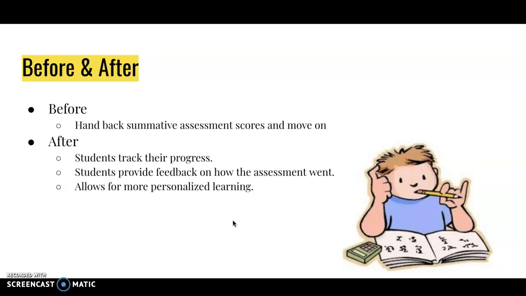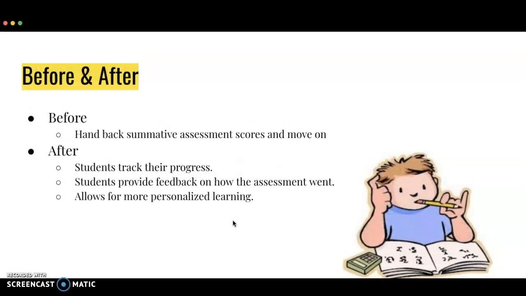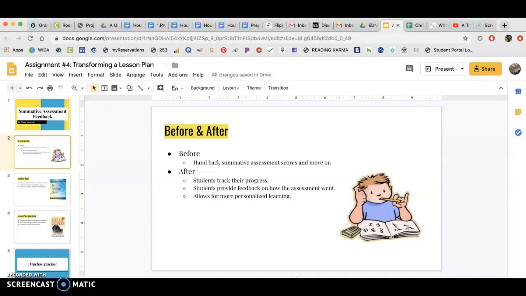So now, since doing the summative assessment feedback to end each unit, students are able to track their progress, and I'll show you an example in a second. The students provide feedback on how the lesson or assessment went, and it allows for more personalized learning. So I'll show you an example of what it looks like.